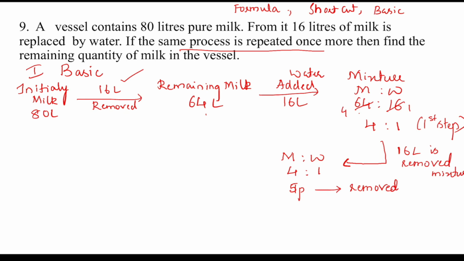The mixture was 4:1 milk and water, and the removed mixture also contains milk and water in the same ratio 4:1. So 5 parts is removed, and 16 liters is removed. Therefore I can say that 5 parts is equal to 16 liters. If 5 parts is equal to 16 liters, then 1 part will be how much?